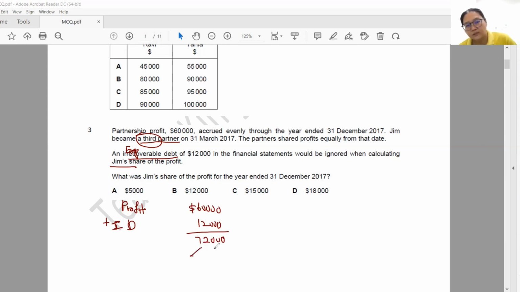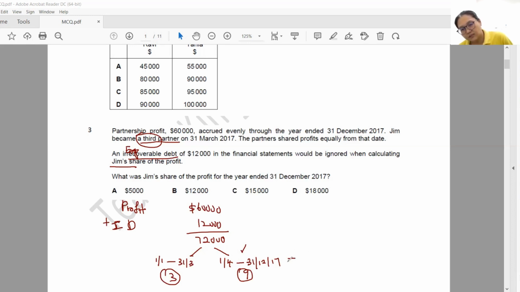There are 2 periods to take note of: 1st January to 31st March and 1st April to 31st December. Here is 3 months, here is 9 months. And Jim only falls into this period, only 9 months.